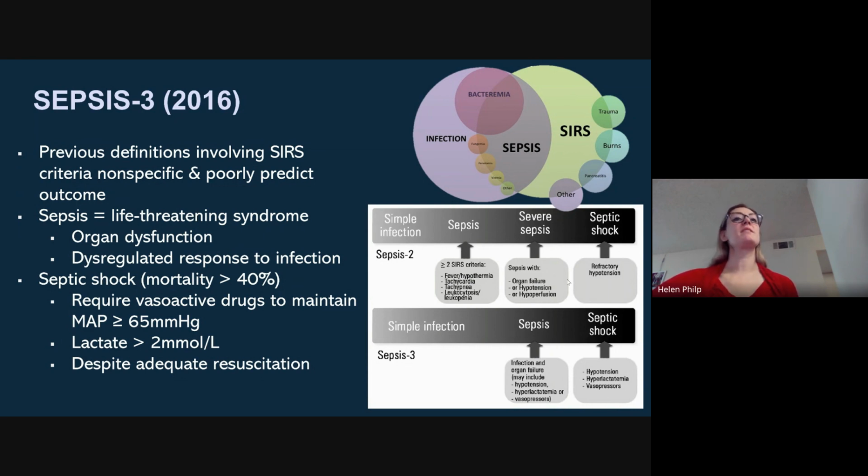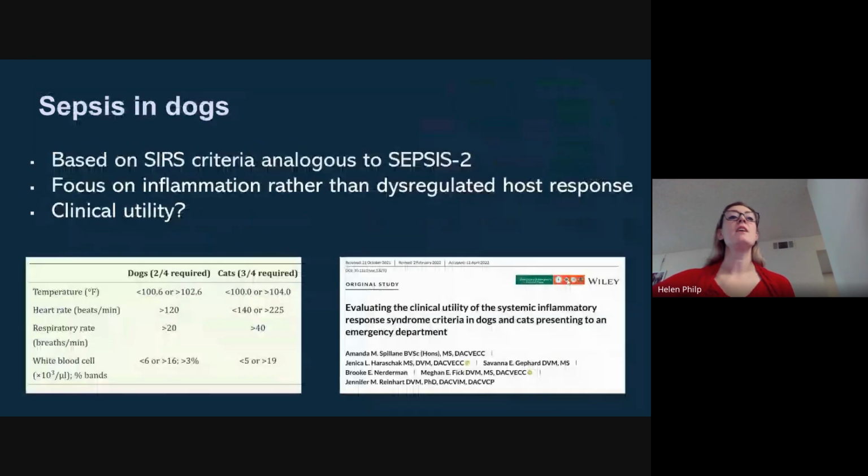And there has been criticism that it is non-specific when we use the SIRS criteria, and they seem to poorly predict outcome and really focus on inflammation rather than that dysregulated host response. Having said that, there's also criticism of Sepsis-3 in that it's less sensitive.